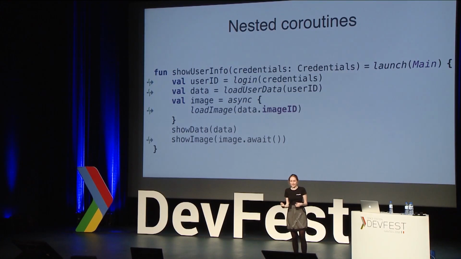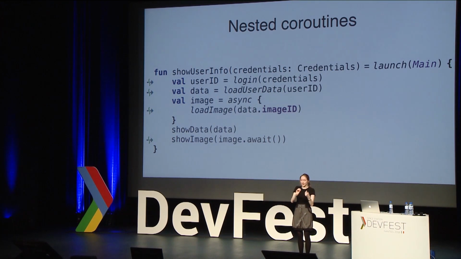But that's a technical implementation detail. You can nest coroutines, like you can start a coroutine inside another coroutine. For instance, here we have the launch main coroutine, and we start async, we asynchronously load an image inside this coroutine.